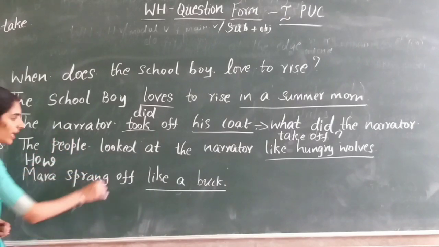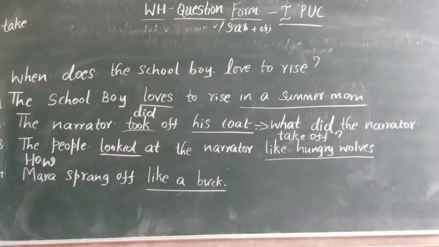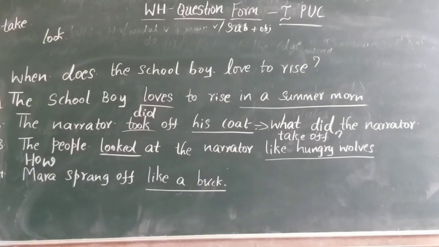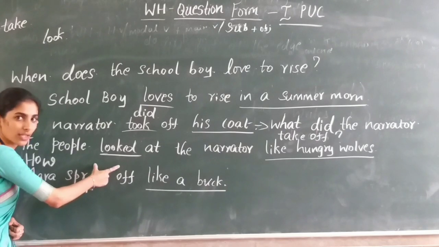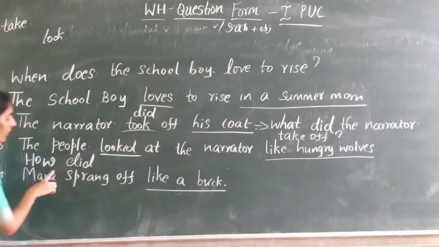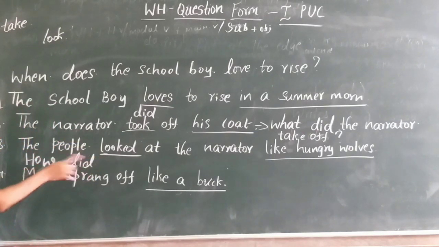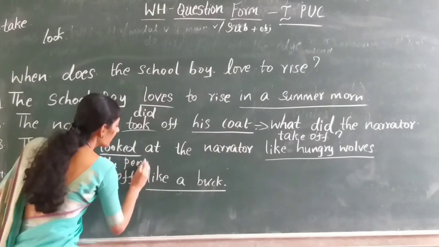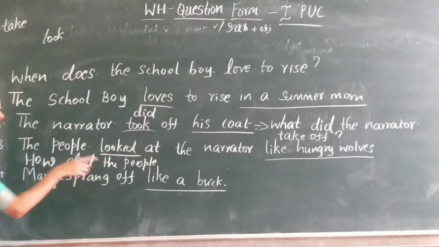Which is the main verb here? Looked. Is that in the past tense or present tense? ED. Present tense is look. Looked is past tense, which means it has to take did. Right. So how did, then subject. How did the people, then there should be a verb.